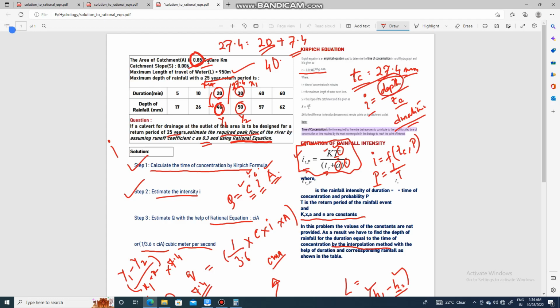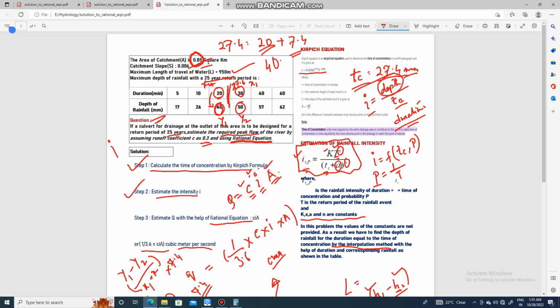So that is why you have to use the interpolation method, and this is the table you have. These are all durations and these are all depths of rainfall. So here you have a time of concentration of 27.4. If we come here, it is not 30, not 20, but more than 20. So it is 27.4. Now the corresponding depth of rainfall is there.